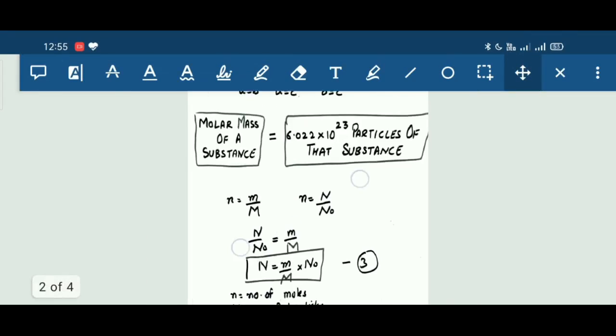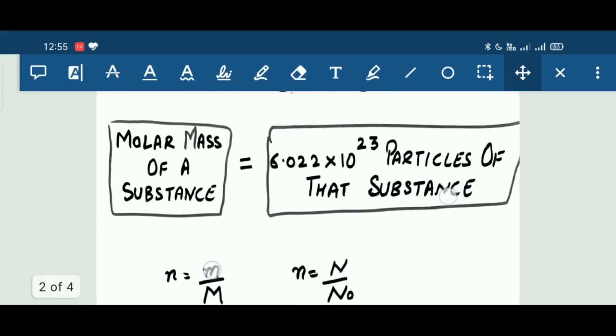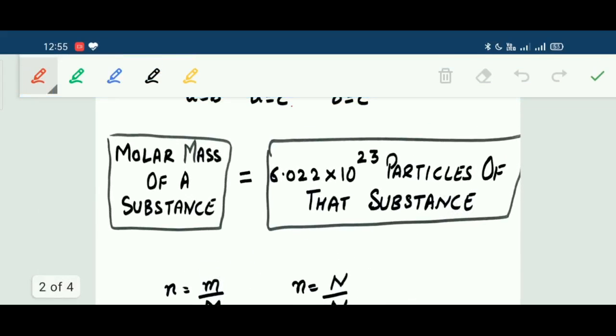So from here we establish a final relation between the molar mass of a substance and the number of particles of that substance. And the relation is molar mass of a substance is equal to 6.022 into 10 raised to 23 particles of that substance.